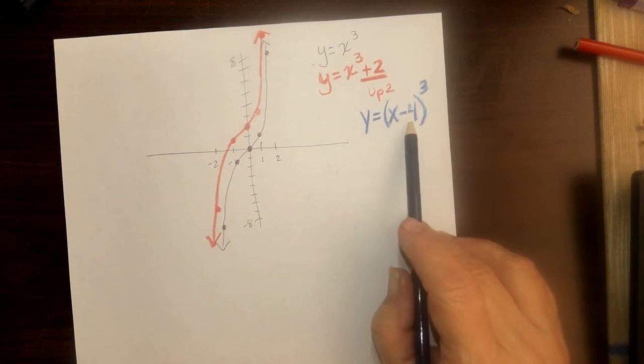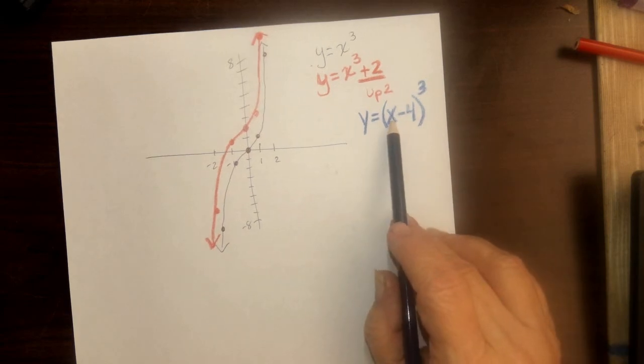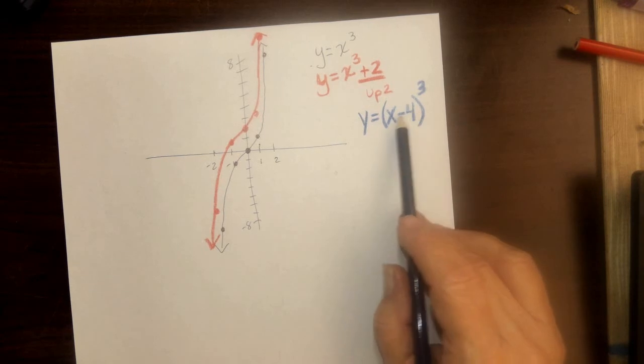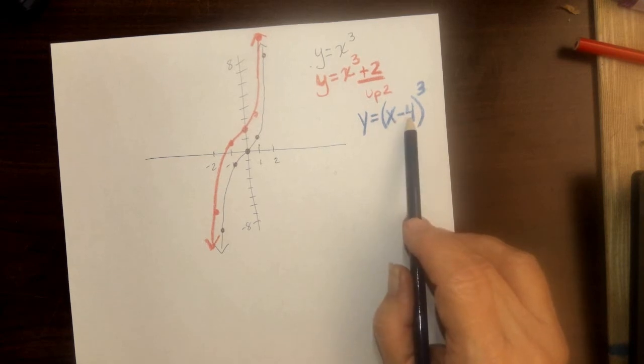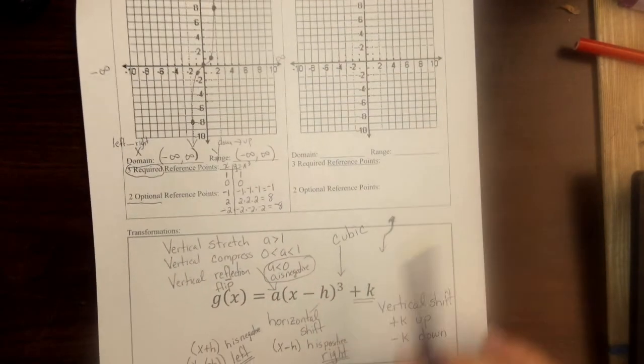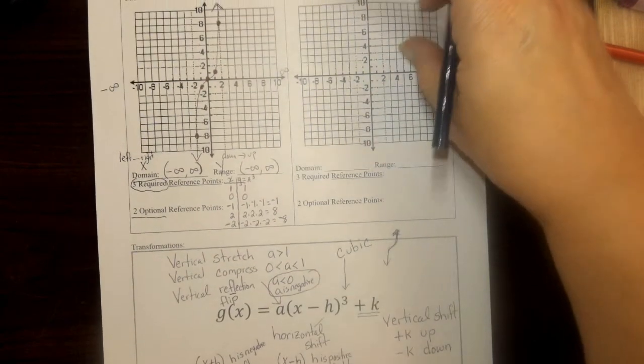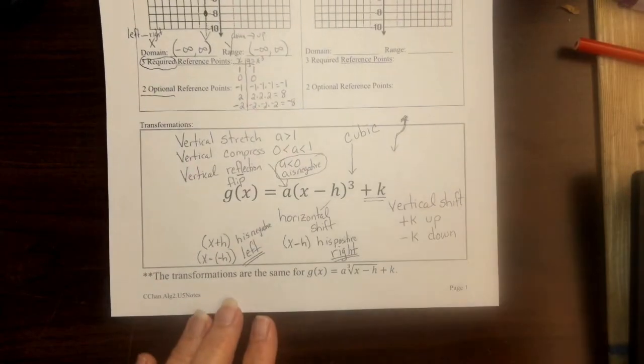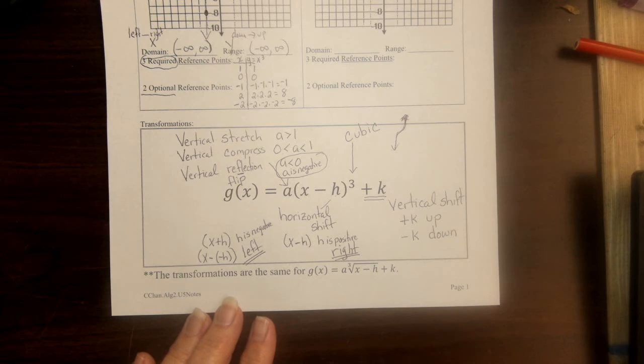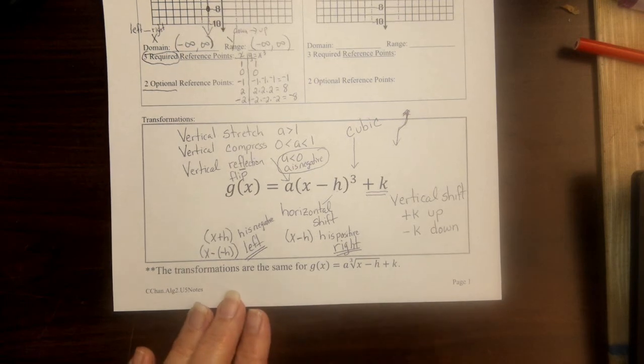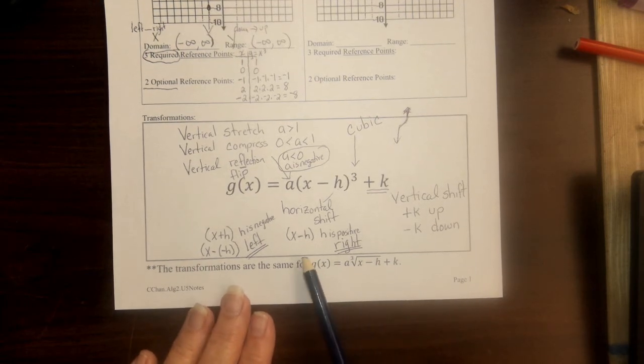Okay, so when you see this, when it says x minus 4 in the parentheses, what is the graph going to do? Look back over here. Alright, I see some of you going, it's going to go sideways. Is it going to go right or left if it says x minus 4?